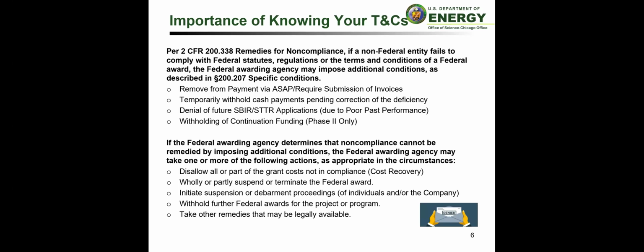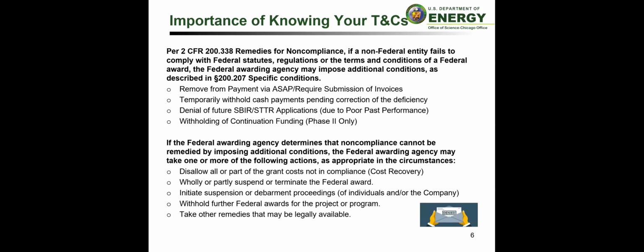We can temporarily withhold cash payments. We can offset funds from one award. We can deny future applications, continuation applications, etc. We could also take more harsh penalties by disallowing all or part of the costs.